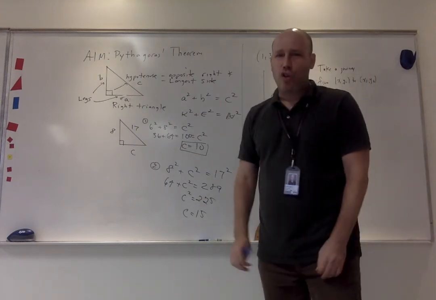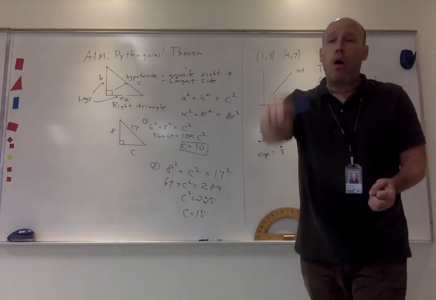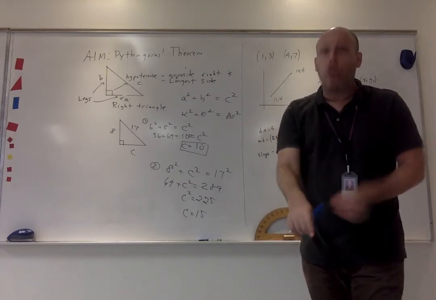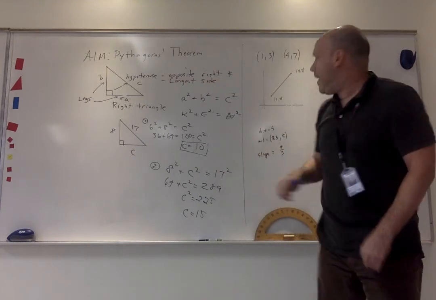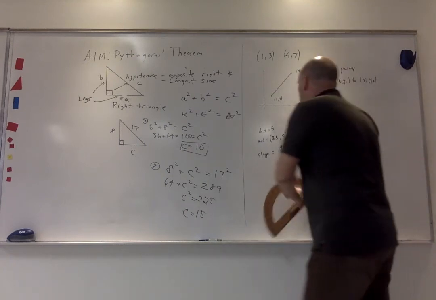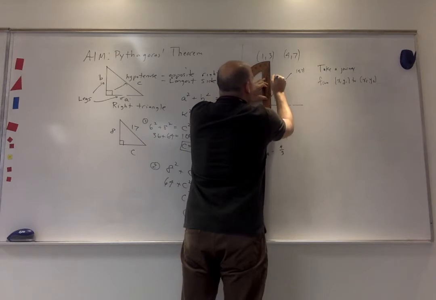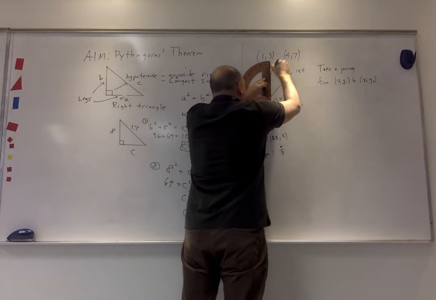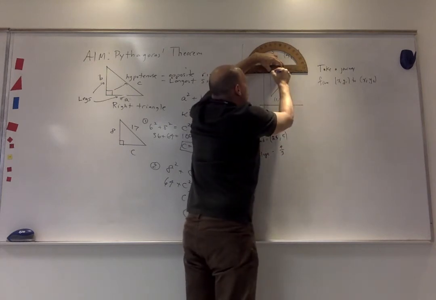You have to ask yourself, how can we walk along graph paper? And the idea is we can only walk up and down the lines, the rise in rise over run and slope, or we can move to the left and the right. So let's take a journey along our graph paper. So I'm going to go up, right? And then I'm going to take my next journey, which is to the right.